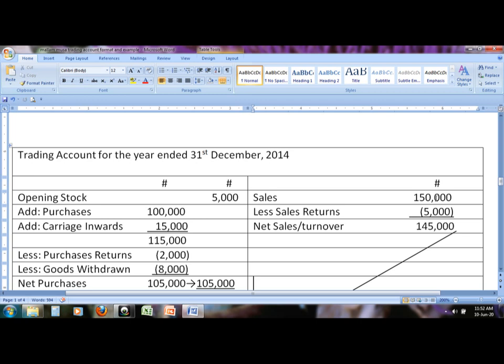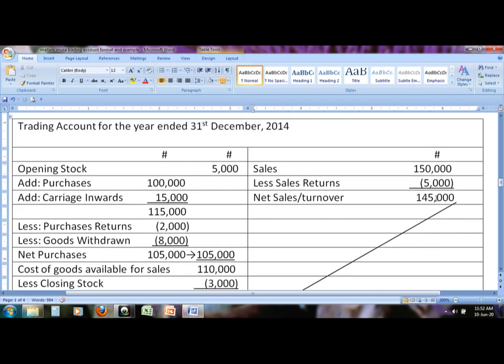We now add our net purchases to the opening stock. Opening stock of 5,000. When we now add it, we have 105,000 naira plus 5,000 naira, making 110,000 naira. That's our cost of goods available for sale.